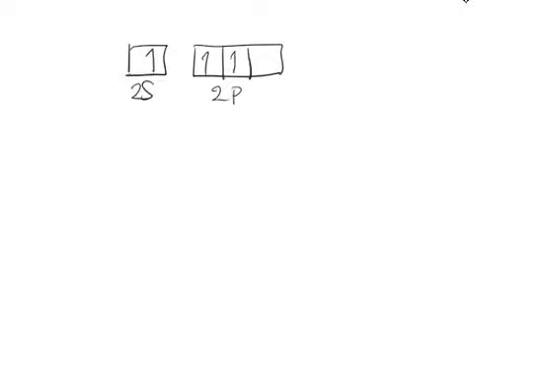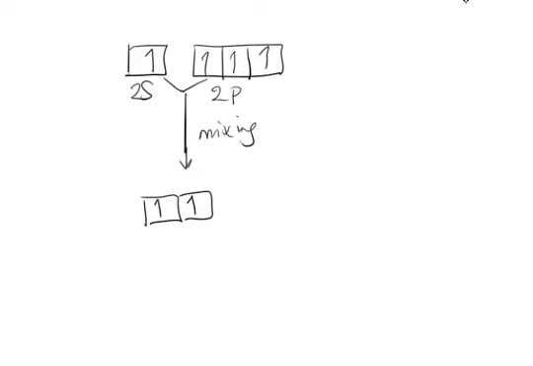So if mixing occurs, or if there is a hybridization, perhaps one of these will mix with this, and then ultimately we'll have just one from here and one from here, and as such we can say this is sp hybridized.